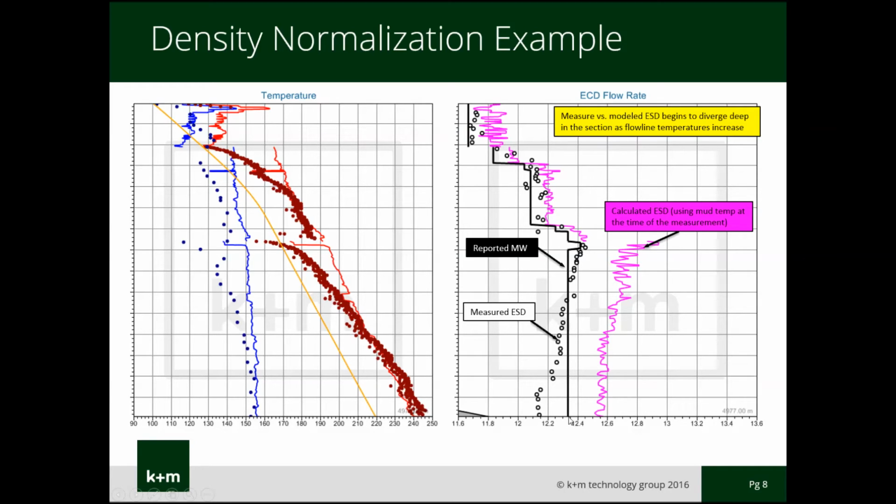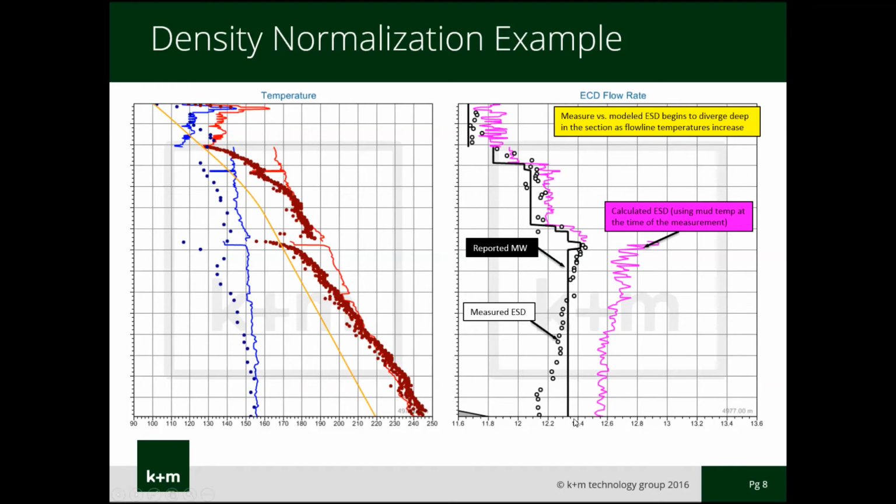Now, our surface mud weight was reported in this interval of the well to be just a little over 12.3 pounds per gallon. But you'll notice that the ESD is steadily decreasing. Now, we're running this simulation assuming that the temperature that was reported when the density of the mud was weighed is correct. But in fact, what the mud company was doing was adjusting the weight that they actually measured back to 68 degrees Fahrenheit.